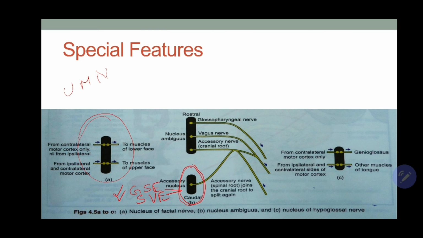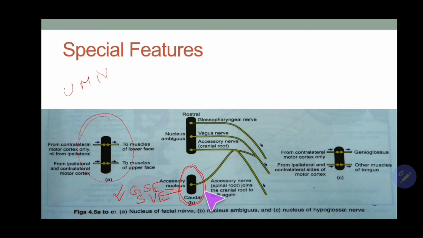Then another thing is, this is from C1 to C5 spinal segments of the spinal cord, right? All the efferent nerve roots emerge from the anterolateral sulcus of the spinal cord. But the fibers of the spinal accessory nerve do not emerge from the anterior horn or the anterolateral sulcus. They emerge from in between the anterior and dorsal horns on the lateral aspect of the spinal cord.